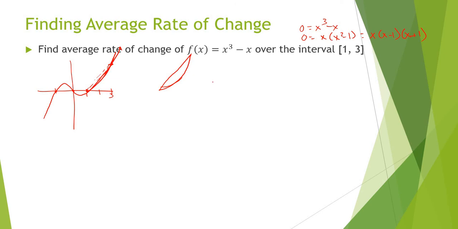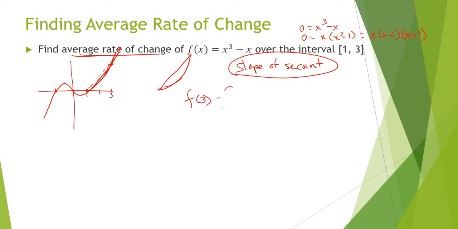So the rate of change is the slope of the secant line. Another way to say average rate of change is the slope of the secant line, which is the slope from 1 to 3.